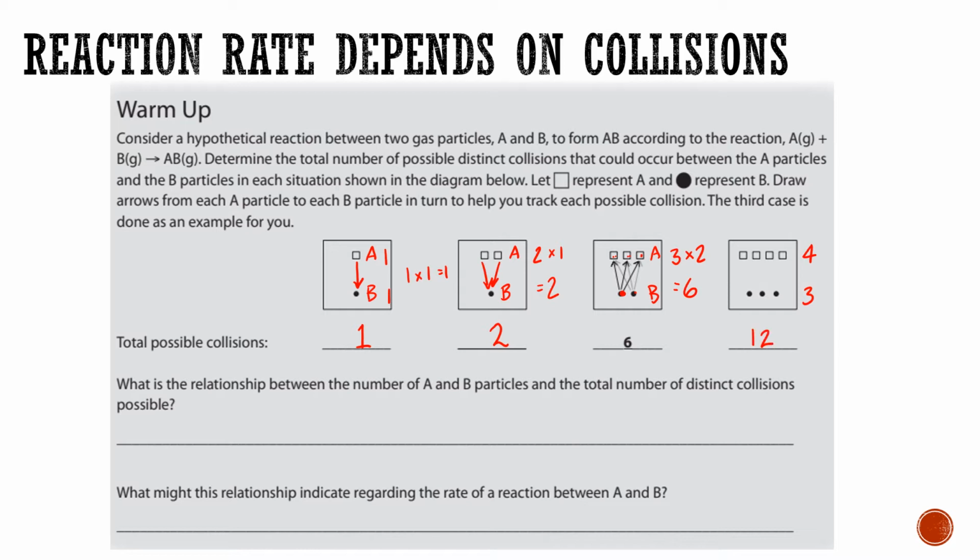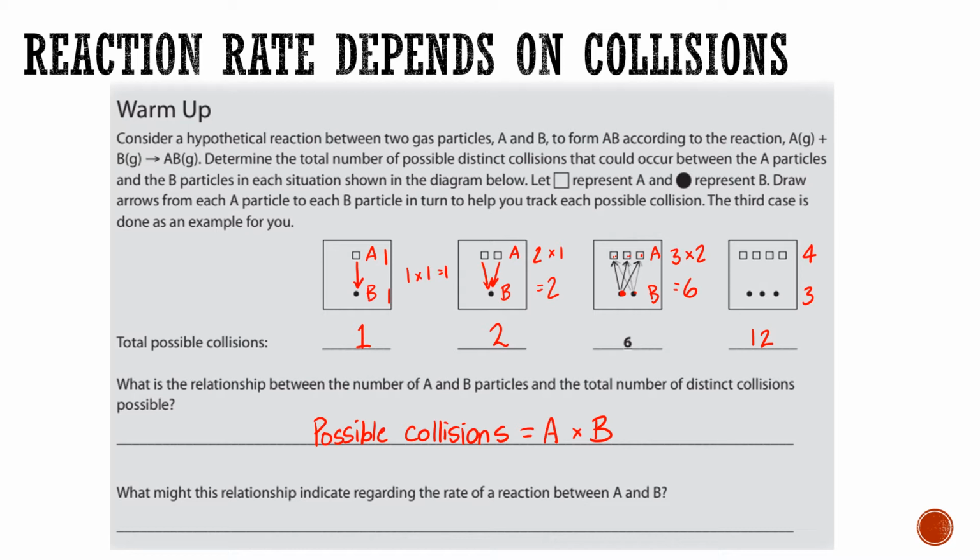So I've got 12 possible collisions there. So when we're looking at the relationship between the number of A and B particles and the total number of distinct collisions, our possible collisions is multiplying those 2 together. So possible collisions is equal to A times B.